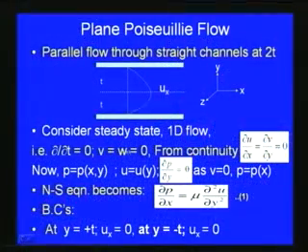In this particular case we assume that the flow is fully developed and steady state. Steady state means del by del t is equal to 0, and this is a one dimensional flow, so V is equal to W is equal to 0. Since V is equal to 0 and W is equal to 0, from the continuity equation we can write del U by del x is equal to del V by del y is equal to 0.